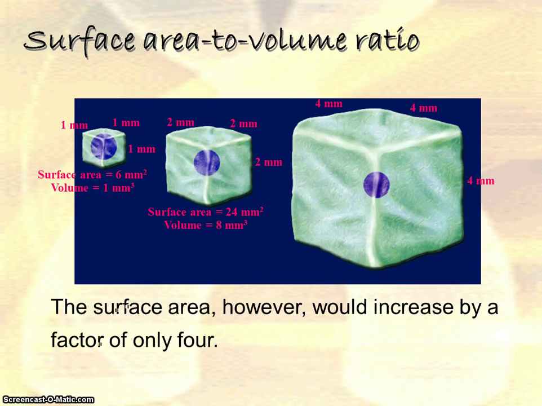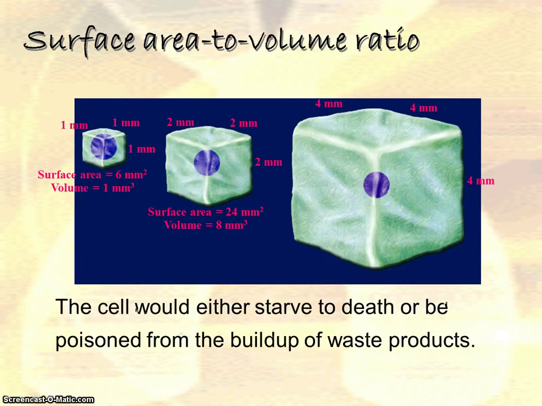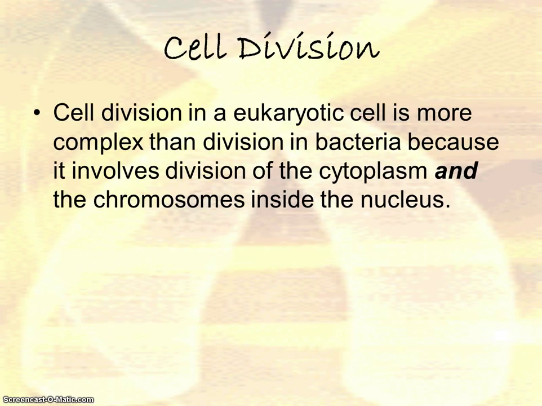The surface area is only going to increase by 4 times as much, but still, the more surface area, the decrease in the ability to transport. Okay, so diffusion and osmosis are going to decrease. So those are some limiting factors to cell size. Okay, a reason why you don't want a cell to get too big.